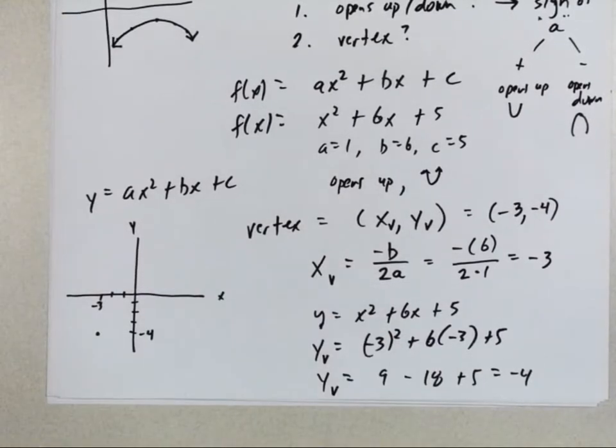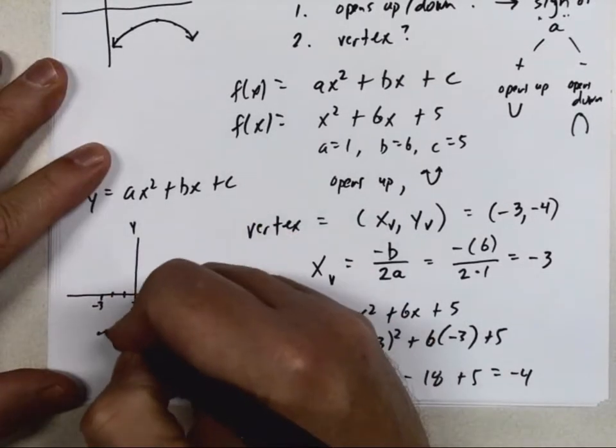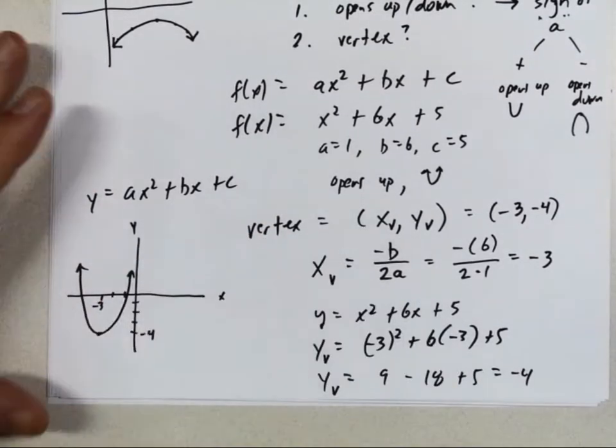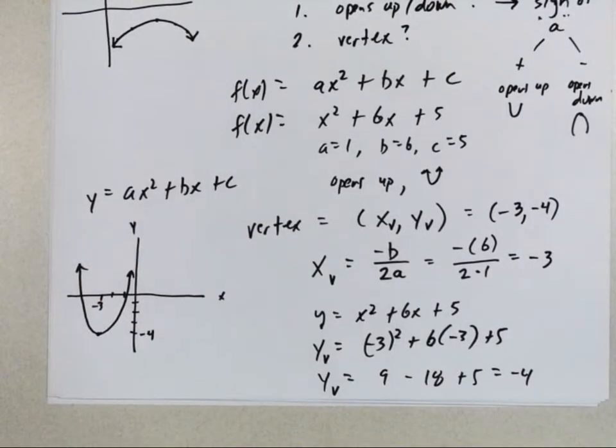That's my vertex. And since it opens up, if all I want is a rough sketch, then I can just say, well, maybe it looks like this. Now, I'm sure that's not precisely what it looks like, but that's close. So that's the rough sketch.